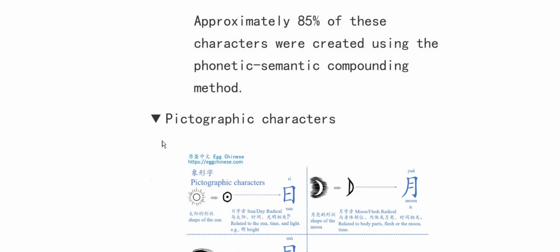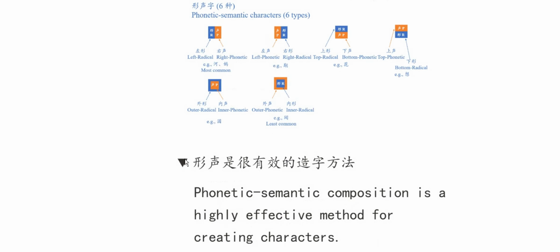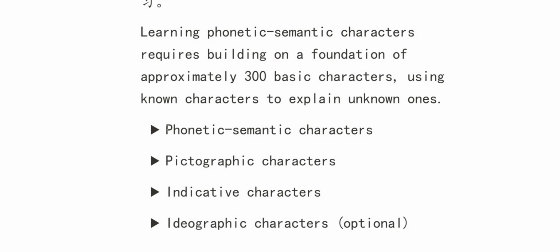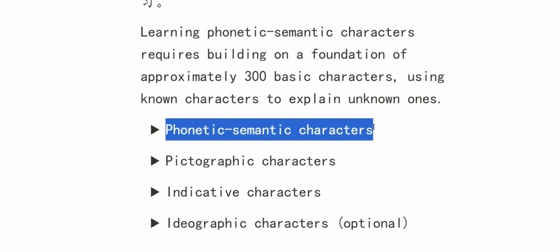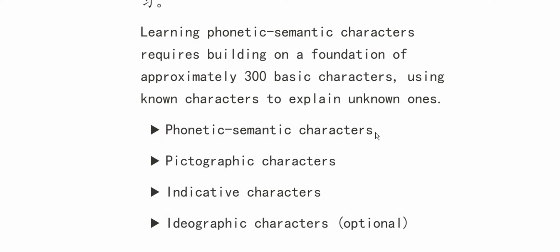So these are four methods to create Chinese characters. But the first one is the most important one because it created most of the Chinese characters. But at the beginning, we will also use the three methods below to learn some simple characters, around 300 simple Chinese characters.